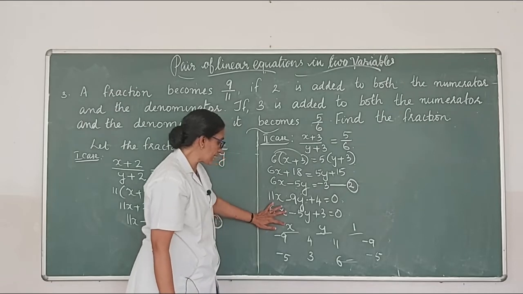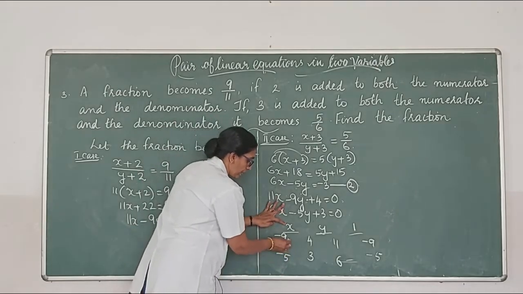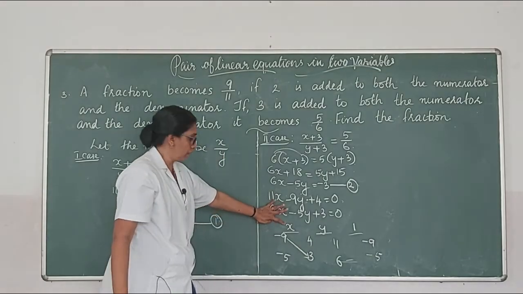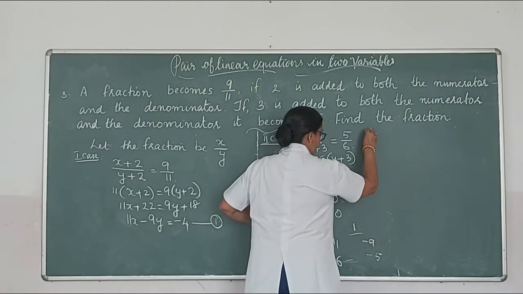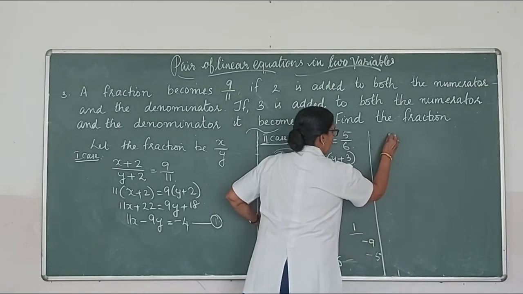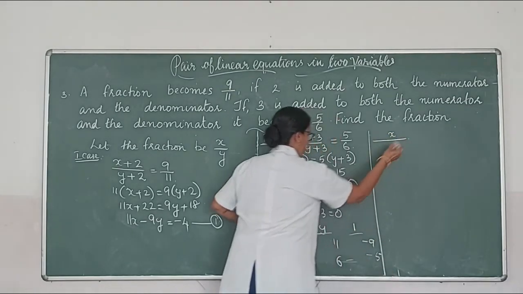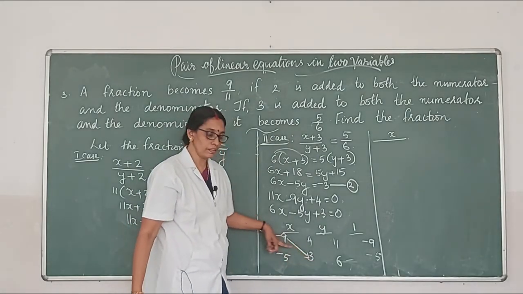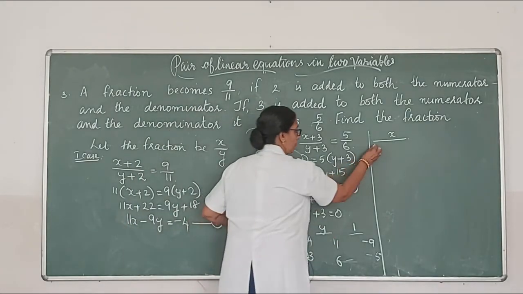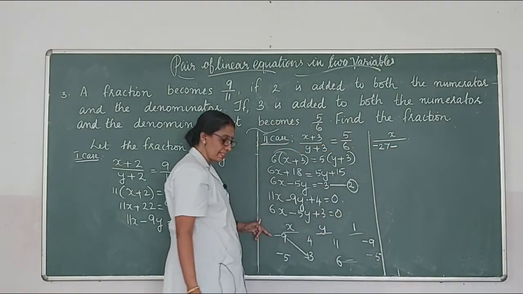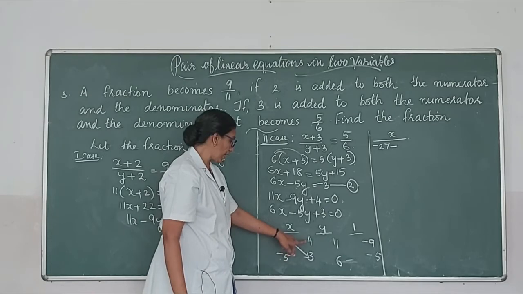See, x by, now we have to take the multiplication like this. So x by: first minus 9 into 3, minus 27. Then in the formula we have minus. Now minus 5 into 4.